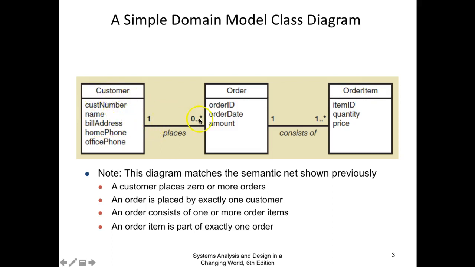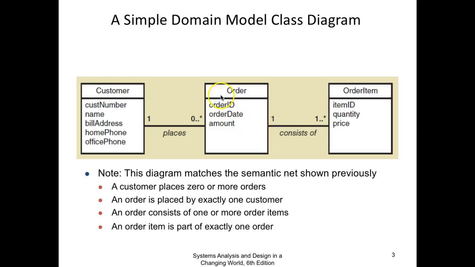A customer can exist without placing an order. So this is an optional association for customer. Order cannot exist with no customer. So there is nothing called order with no owner on Amazon. Every order is associated with a customer who placed it. So it's a mandatory association for order.